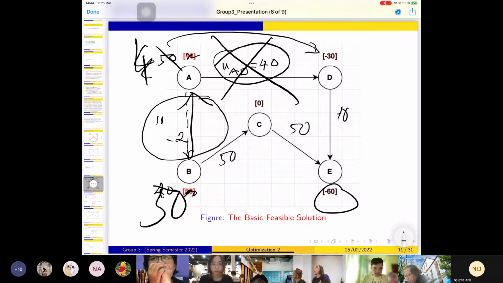This group, you started at 4:05, but it's 4:35 now, so almost 45 minutes, but you cannot overcome the first step, the initial feasible solution.